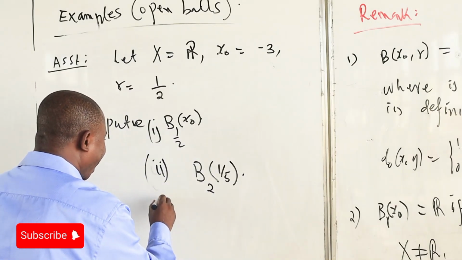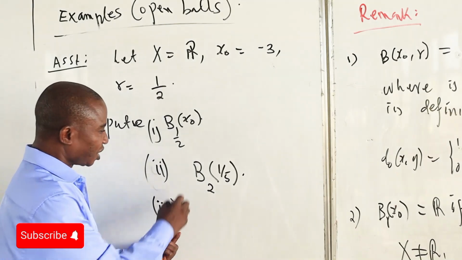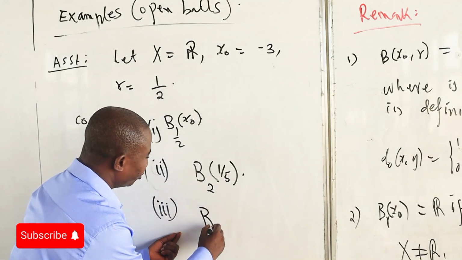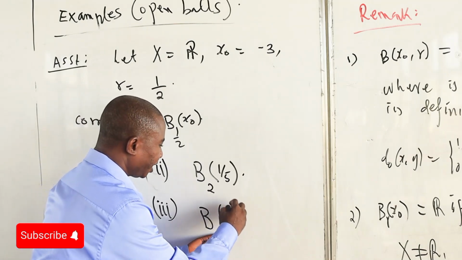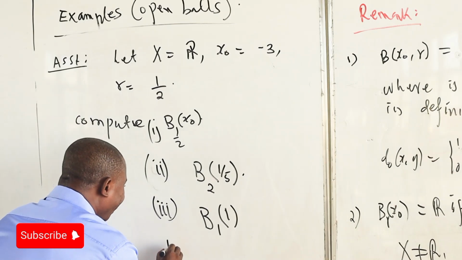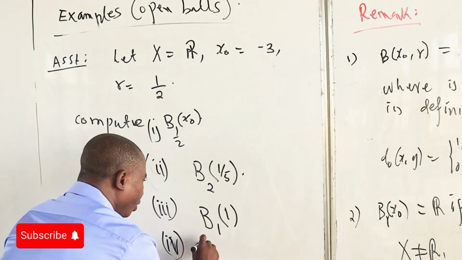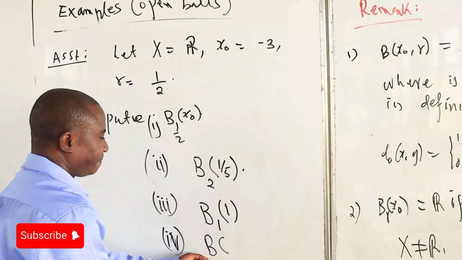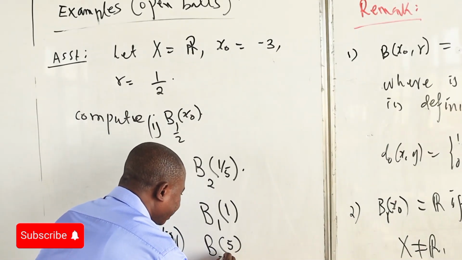Then, next, I want to know whether you're following my discussion all this while. So I want you to compute the open ball with center 1, radius 1. Again, I want you to compute the open ball with center 5, radius -3.